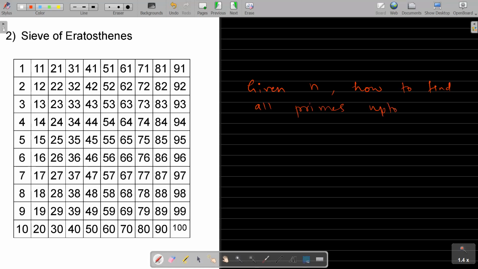And here is one nice idea which was introduced by Eratosthenes, who was from Egypt. He was the chief librarian, a very learned person, chief librarian of the Library of Alexandria.